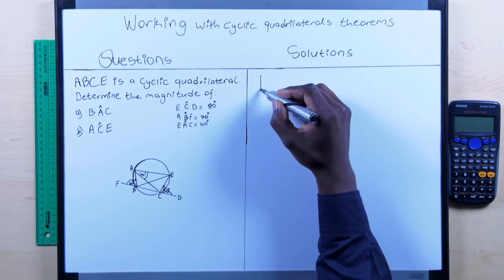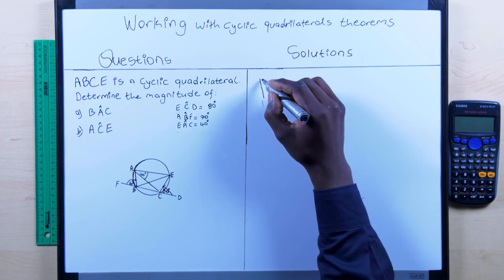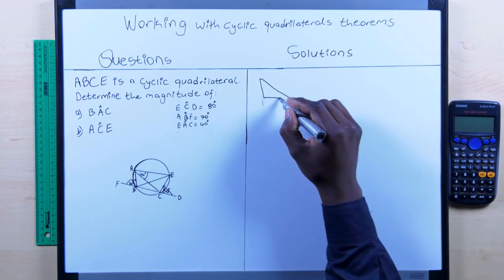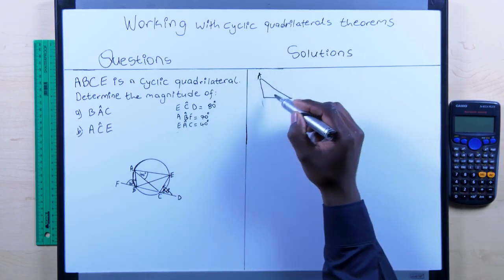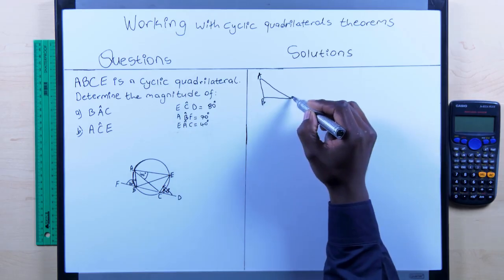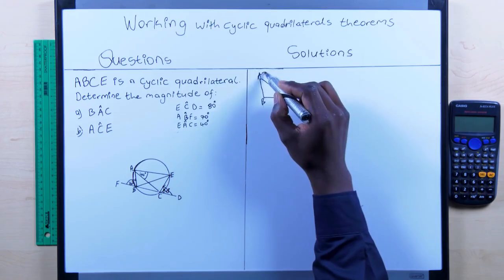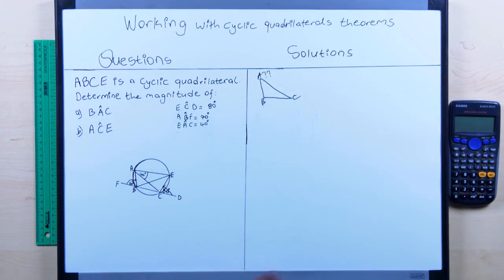Let me just demonstrate that here. So you're looking at a triangle more or less like this, with A here, B, C. What we're interested in is angle A from this demonstration.